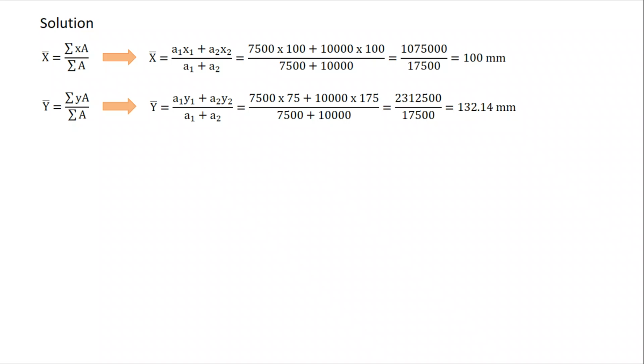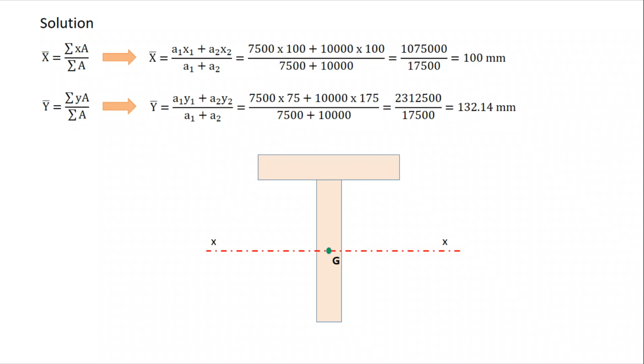Then after calculating x bar and y bar, we have to mark them in the diagram. This is the T section. First mark x bar and y bar; we denote the centroid here as G, this is the x axis and this is the y axis. x bar is 100 mm from the left edge, and from the lower edge y bar is 132.14 mm.